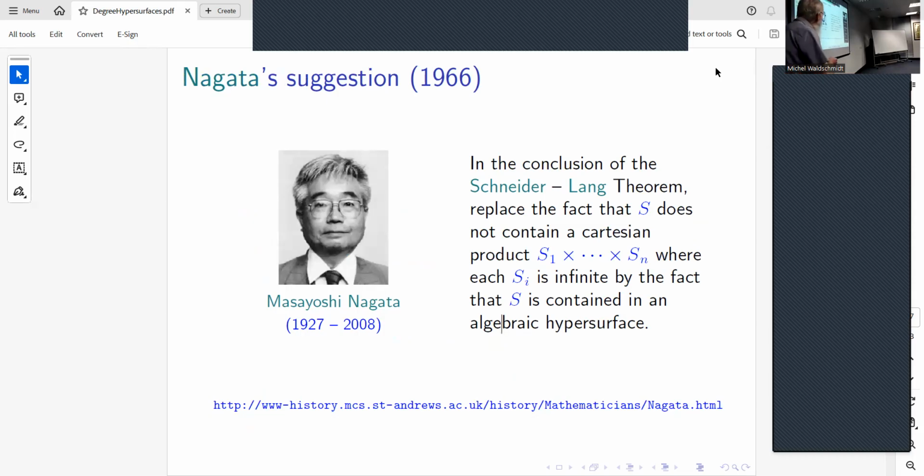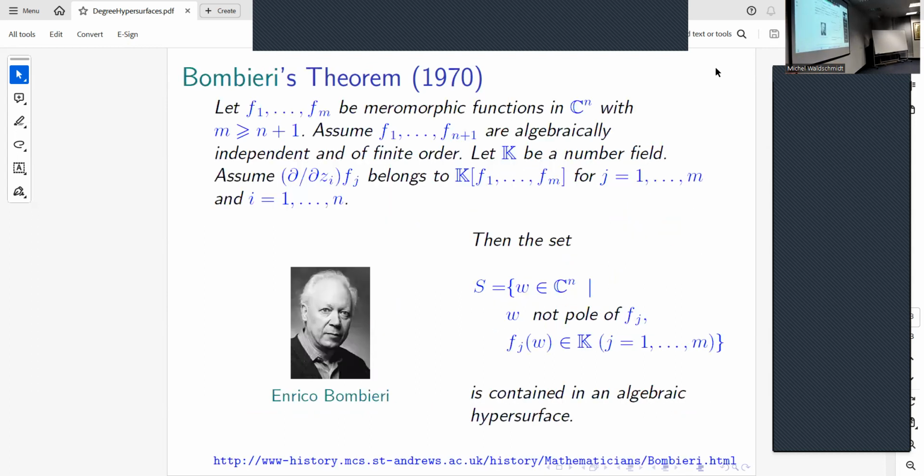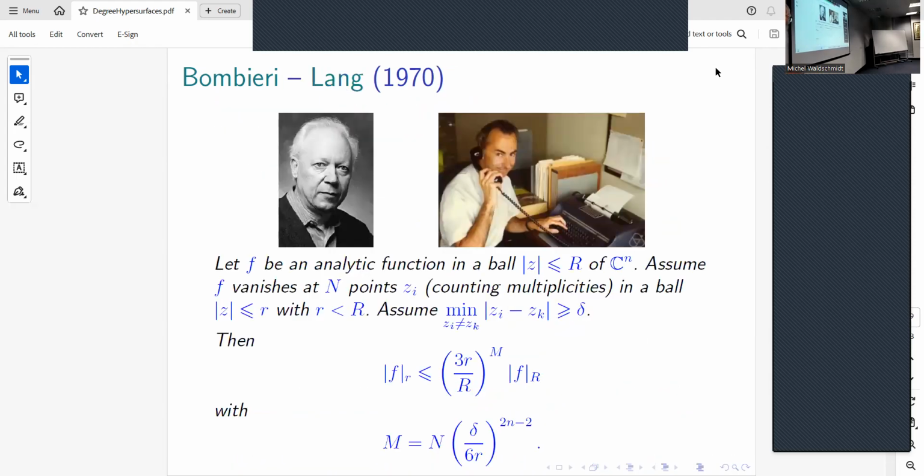So he suggested that in the conclusion, the fact that S does not contain the Cartesian product should be replaced by the fact that S is contained in an algebraic hypersurface. This was his suggestion, and this was done by Bombieri in 1970. So the theorem is the same, apart from the conclusion: the set S is contained in an algebraic hypersurface.